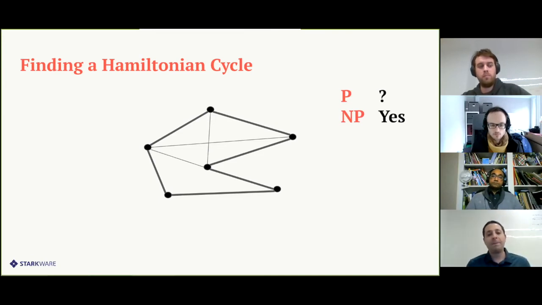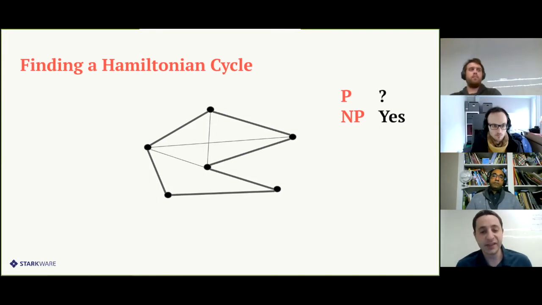Now I want to give another definition. In this definition, there are no two parties where one is trying to convince you that the answer is yes. You have to decide for yourself, but you are given a magic coin, and you can toss the coin in order to say whether or not there is a cycle in the graph. Let's say that you have to find a cycle or fail if it doesn't exist.